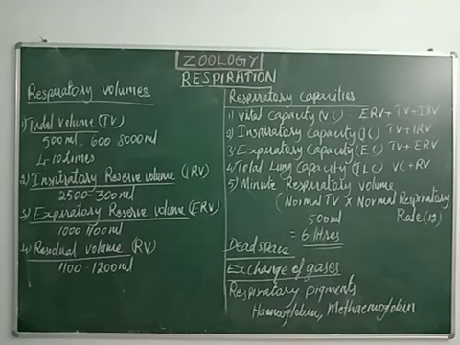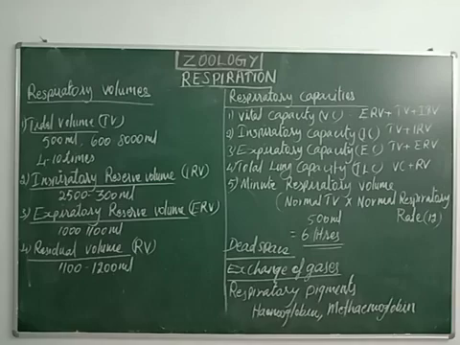Then the next one is called methemoglobin. Methemoglobin means, see, actually in a normal hemoglobin molecule, the heme is in one condition, called the ferrous condition. Suppose instead of this ferrous heme molecule, a ferric heme molecule is there, it is called methemoglobin.